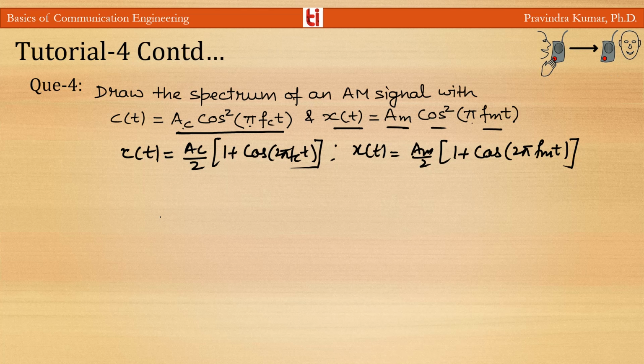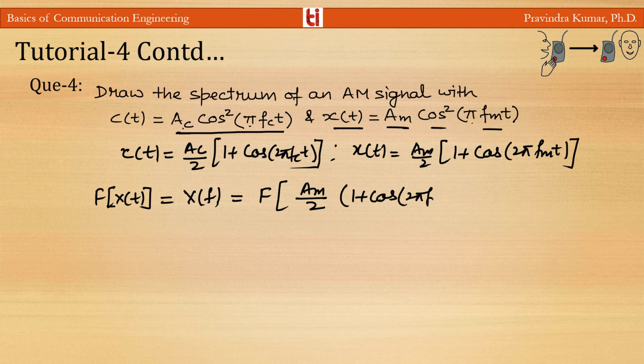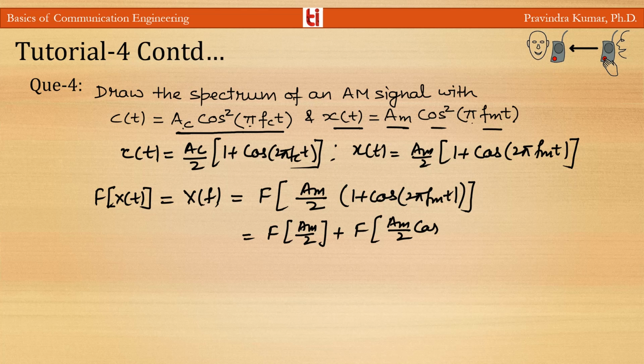And now the spectrum of xt: using the Fourier transform we can get it. So the Fourier transform of xt, Xf, is the Fourier transform of Am by 2 plus the Fourier transform of Am by 2 cos 2 pi fmt.